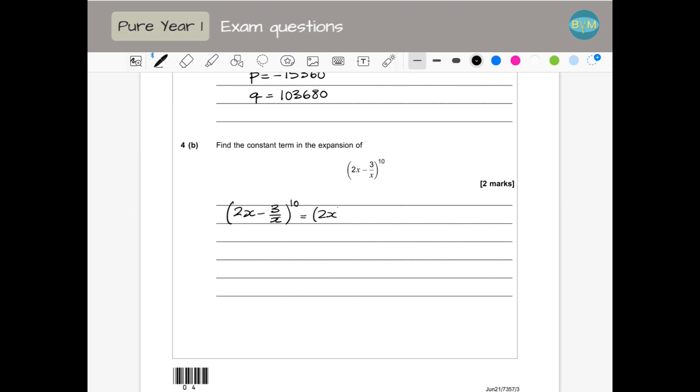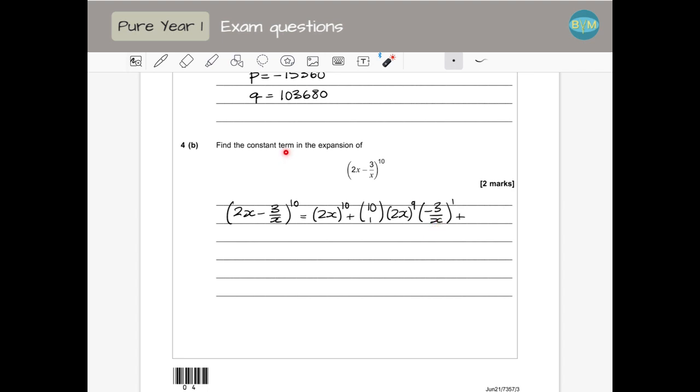So you have 2x to the power of 10 plus 10 chooses 1, 2x to the power of 1 less, and the second term together with the sign and the coefficient to the power of 1, and so on. So what happened is that I have x's in the numerator and x's in the denominator, so they are going to cancel.